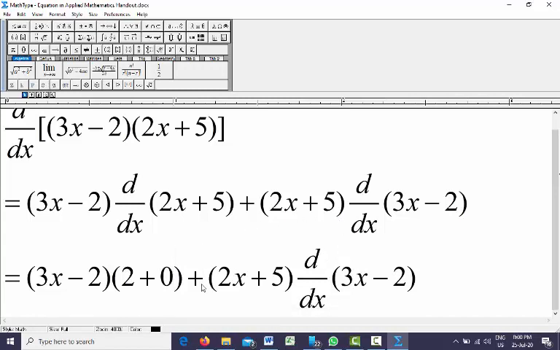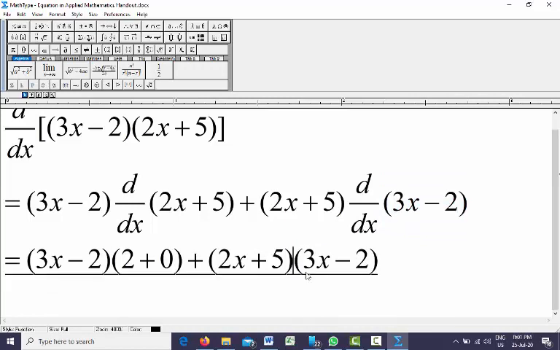Now again, in between we have a plus, and then this one is behind d by dx. So we don't have to do differentiation of this one. We have to do differentiation of whatever we have in front of d by dx, so we need to do differentiation of this one. Since we are doing differentiation, we should not use d by dx.